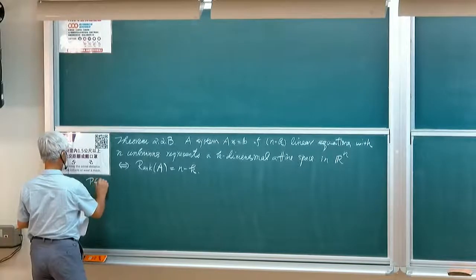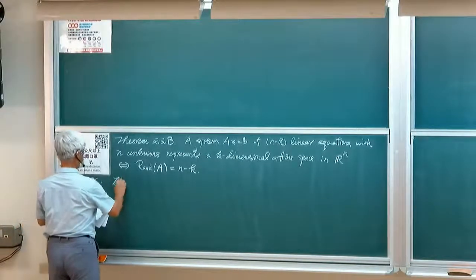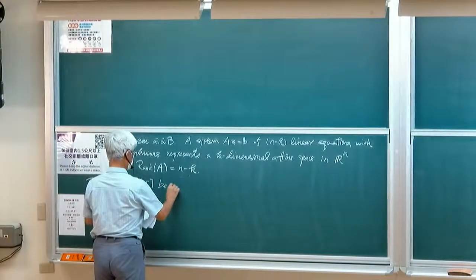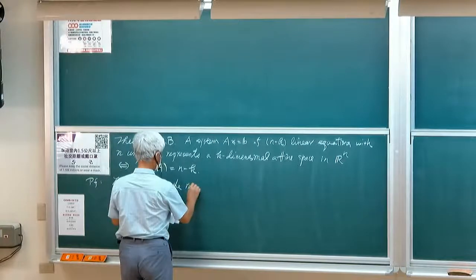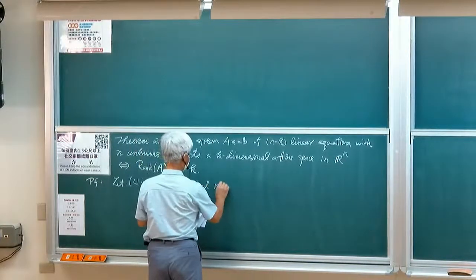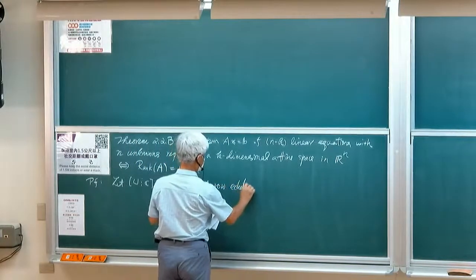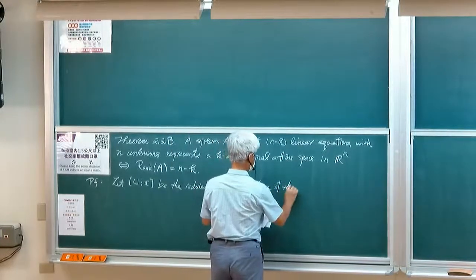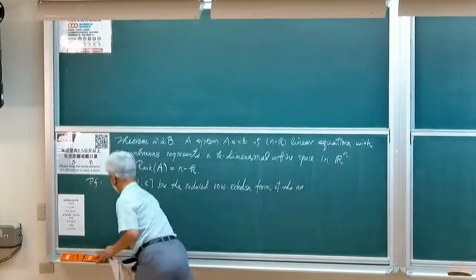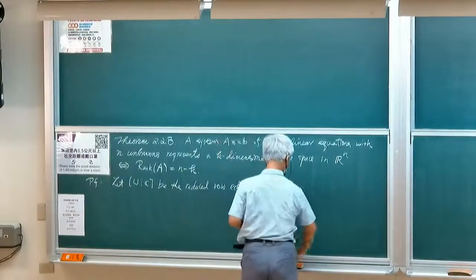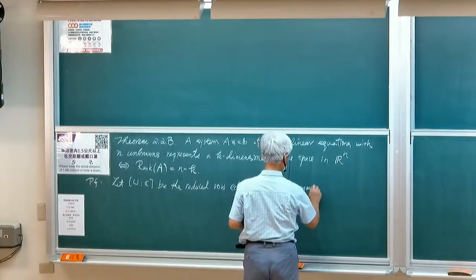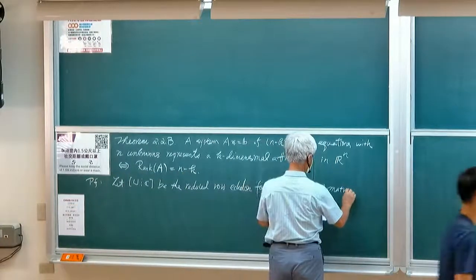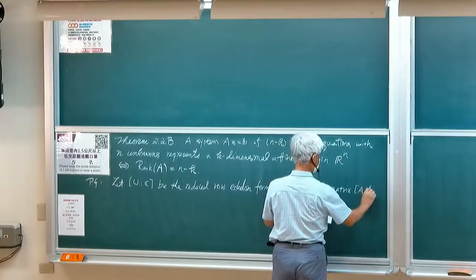All right, so here is the proof. We let [U, C] be the reduced row echelon form of the augmented matrix [A, b].